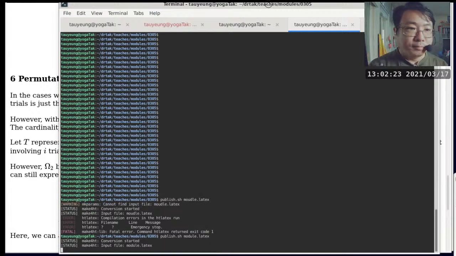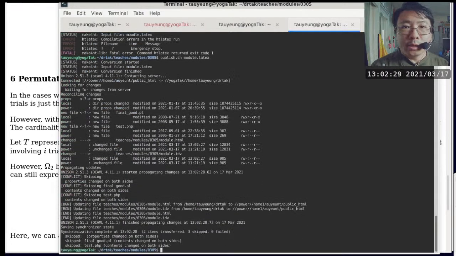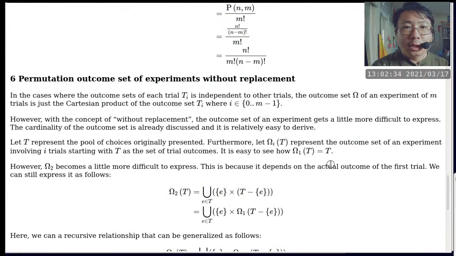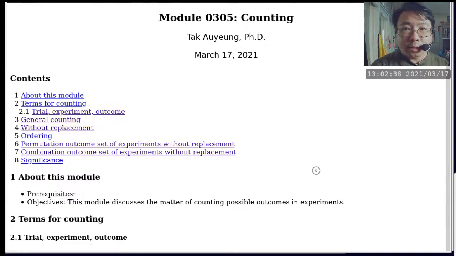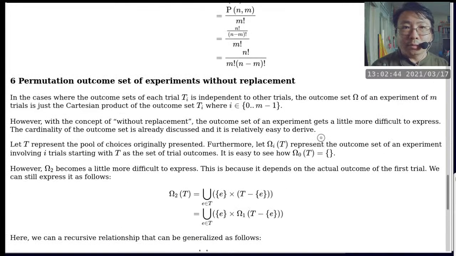There we go. Let me refresh the web page and get back to the section we were talking about. So this is what I changed over here: omega 0 of T is an empty set.